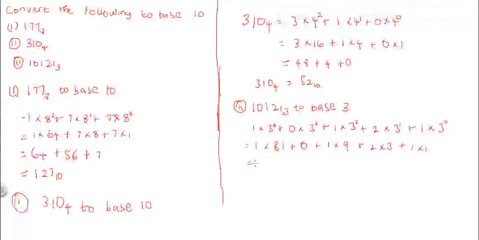Then we have 1 times 81 is 81, plus 0, which doesn't affect anything, plus 1 times 9 is 9, plus 2 times 3 is 6, plus 1. Summing that up, we have 81 plus 9 plus 6 plus 1, which is 97 base 10.